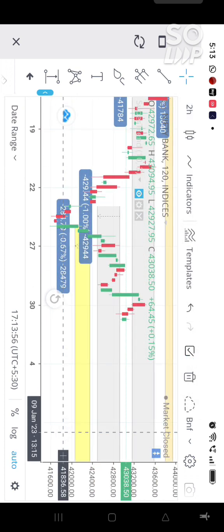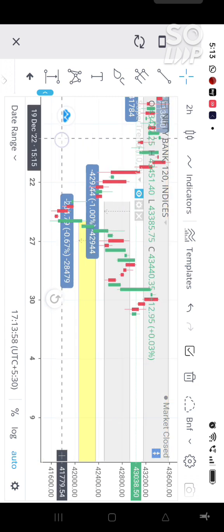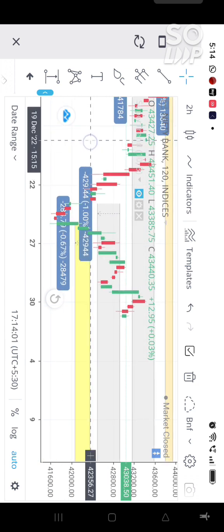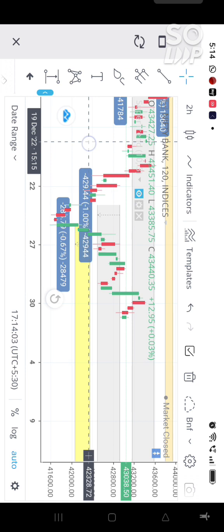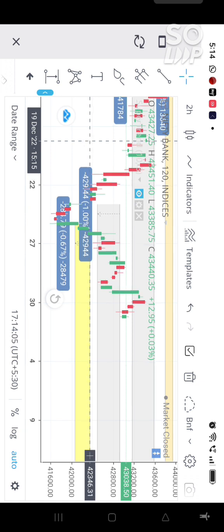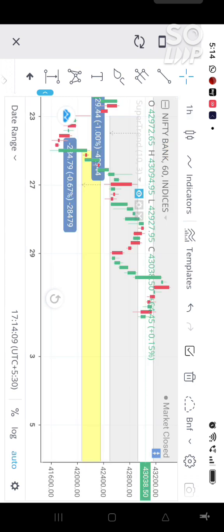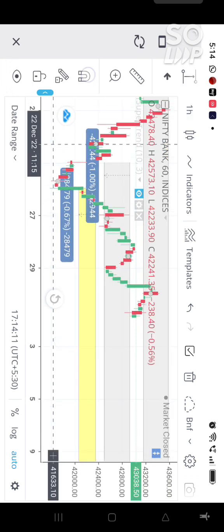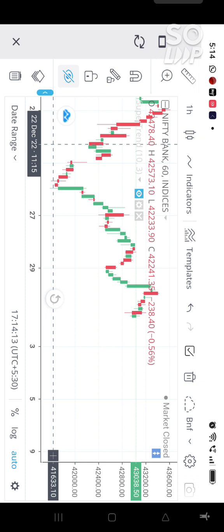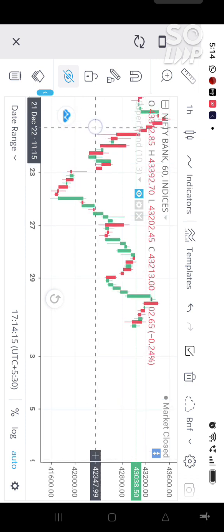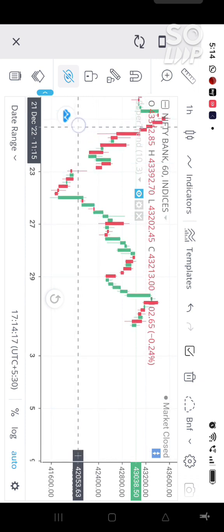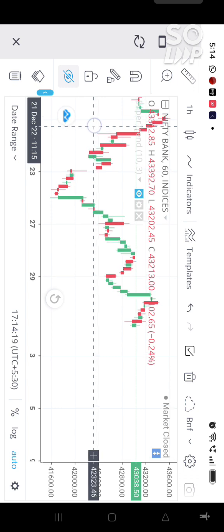I have marked on the 2 hours chart a demand zone which I have previously checked in the smaller charts as well. This is one very good level on level pattern which was formed.